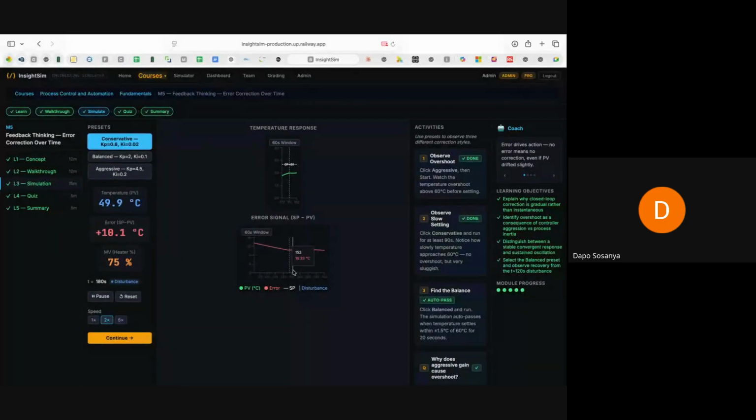So the disturbance kicked in, and then look at the variation. So you have no overshoots, right? And then it gives you a very clean response, right?